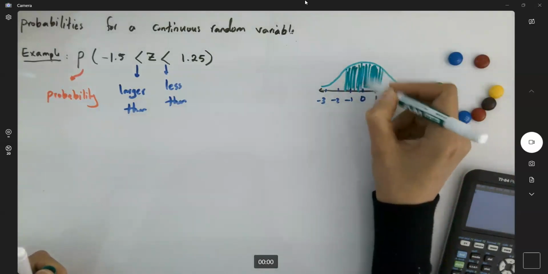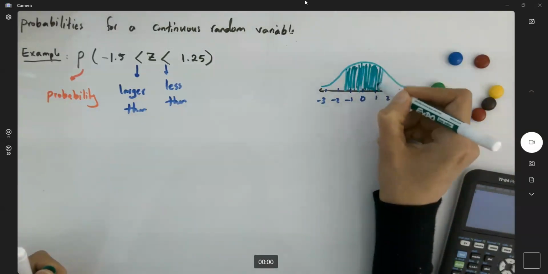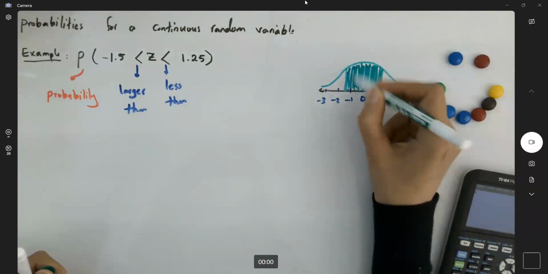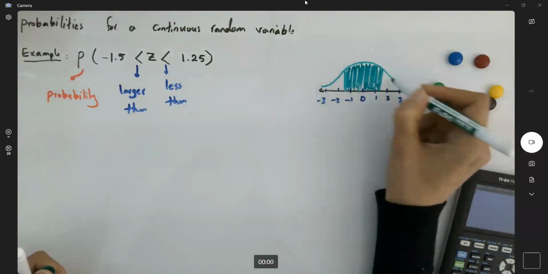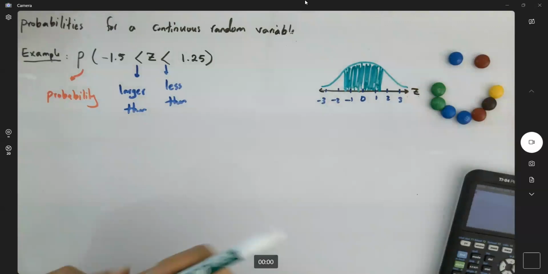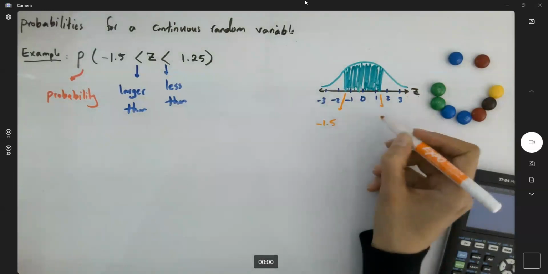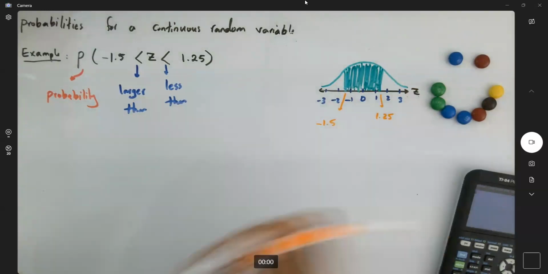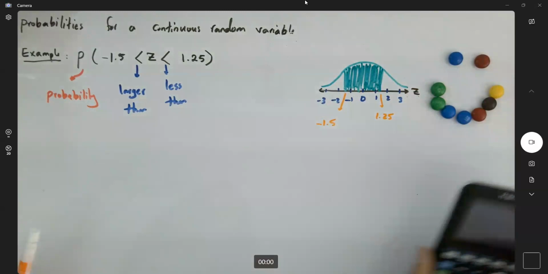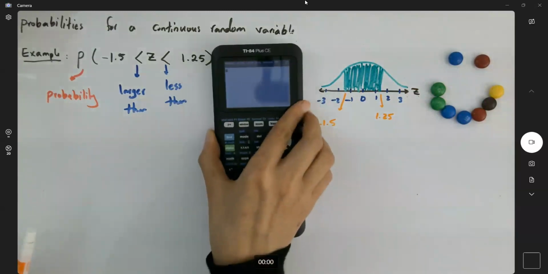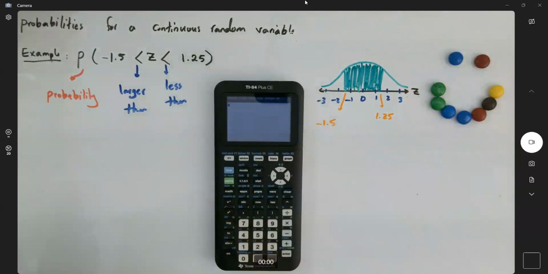Again, area below the graph for the probability. So this number is negative 1.5, and the upper limit is 1.25. We're going to use our calculator. Definitely, we're interested in using the calculator all the time when it comes to probability and do the computations.